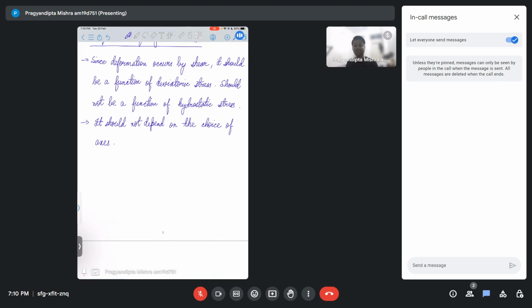Okay. So now let's move on to some well-known yielding criteria which are used almost everywhere. The first one is of course von Mises, which is the most used yield criterion.